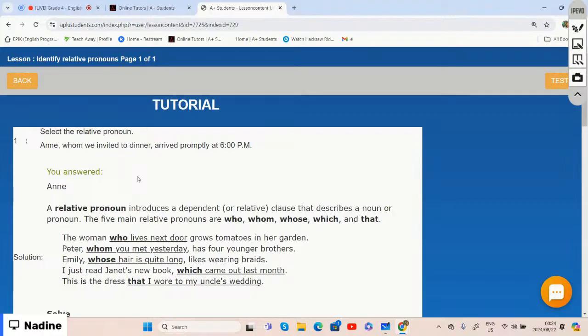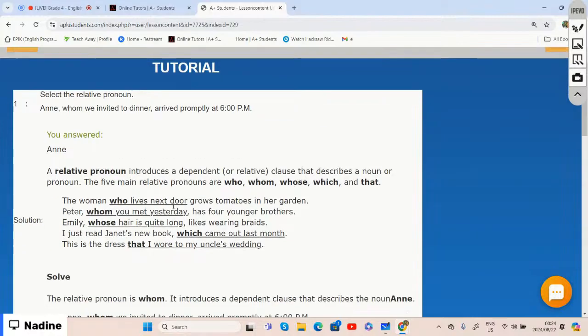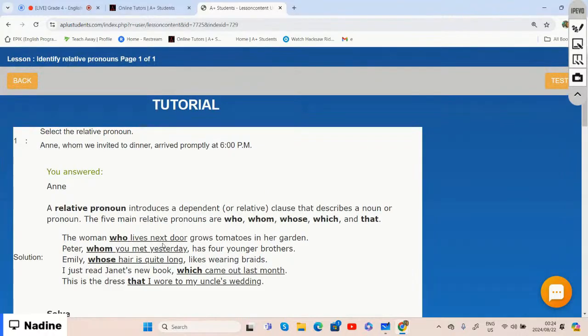All right. And if we look at the sentence, it says, and whom we invited to dinner. What is the relative pronoun within that sentence?